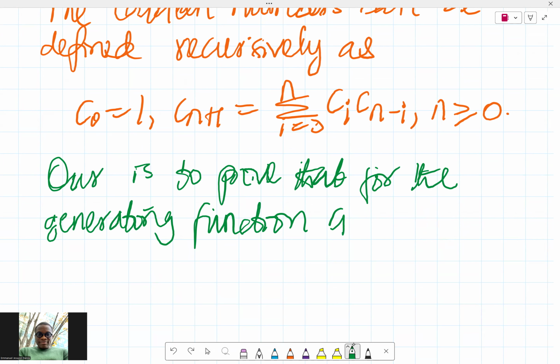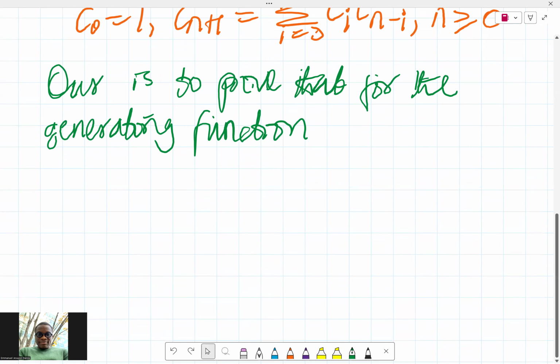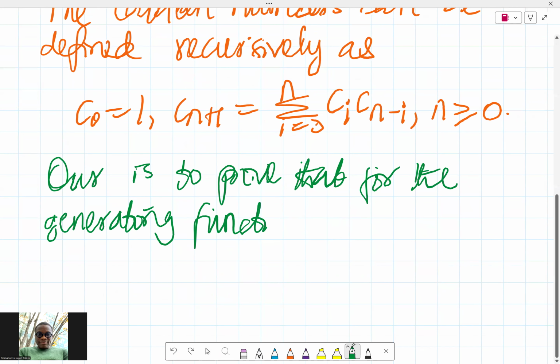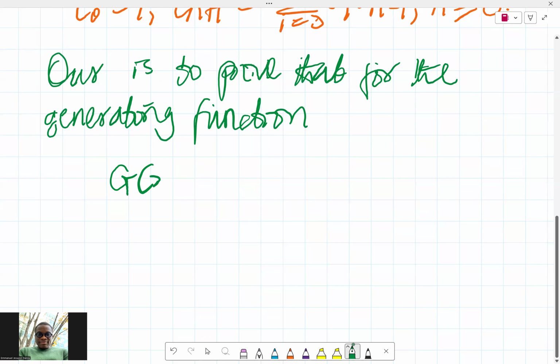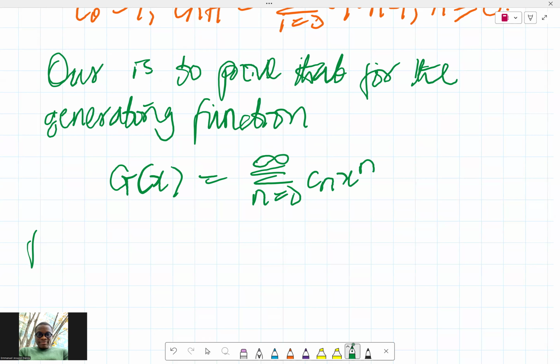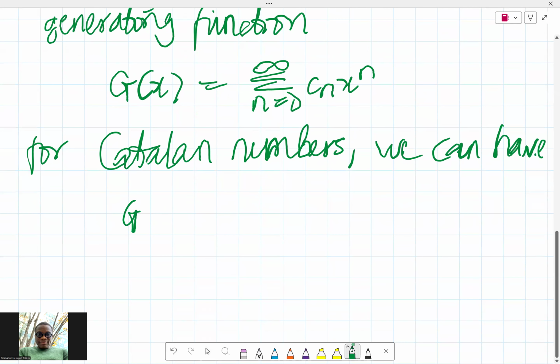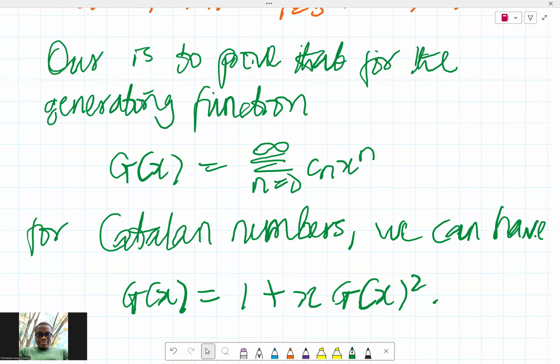So our aim is to prove that for the generating function g of x equals the summation from n equals 0 to infinity of C n x raised to power n, for Catalan numbers, we can have g of x equals 1 plus x g of x squared. This is basically what we need to prove.